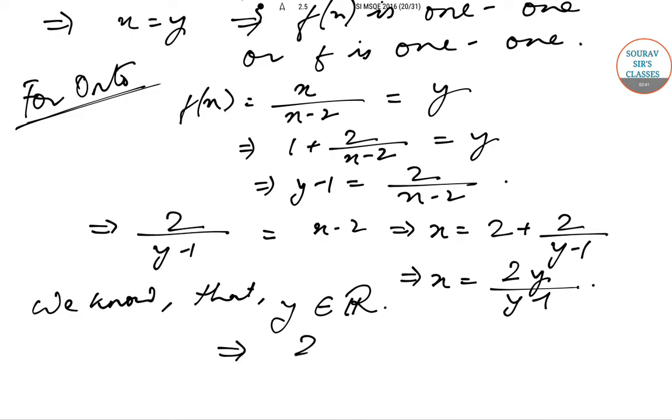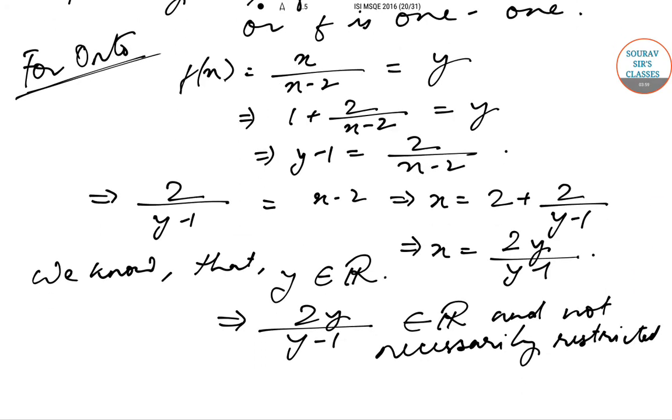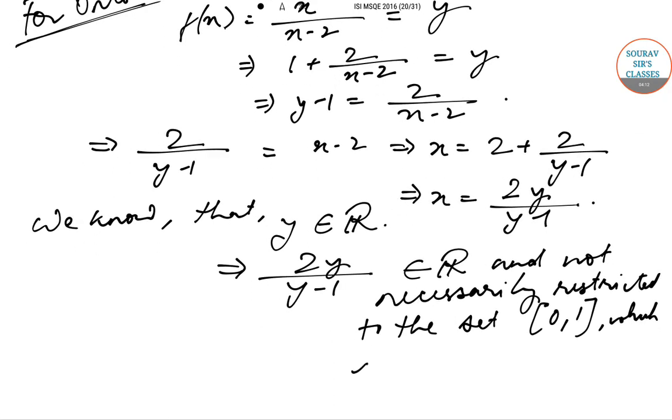This implies that twice y upon y minus 1 will also belong to the real number set and is not necessarily restricted to the closed interval 0, 1, which is the supposed domain.